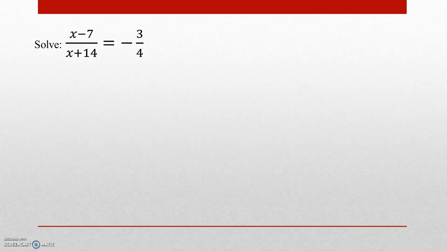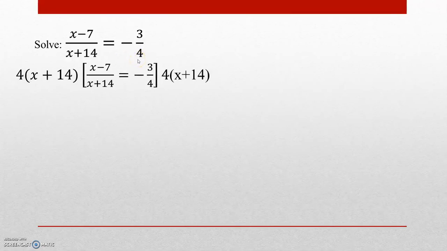Next. How about x minus 7 all over x plus 14 equals negative 3/4? Now, ano kaya ang kanyang LCD? Pag ganitong binigay na denominator, isang number at saka isang expression, ito na mismo yung ating LCD.